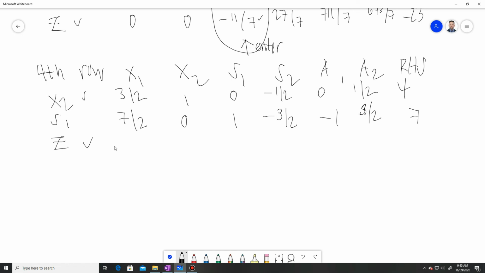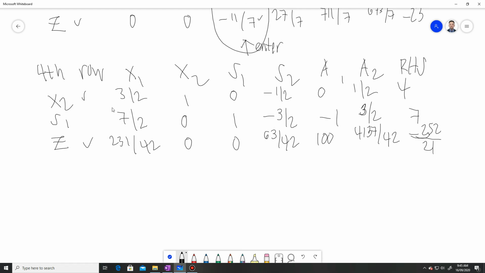And for the last one, the z, we have 231/42, 0, 0, 63/42, 100, 4137/42, and negative 252/21.